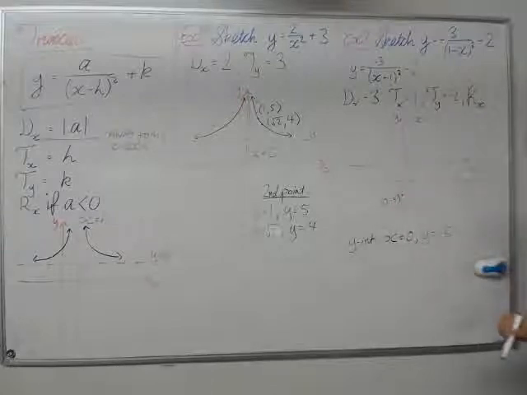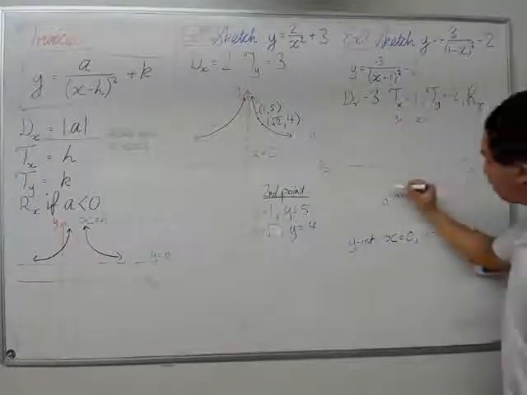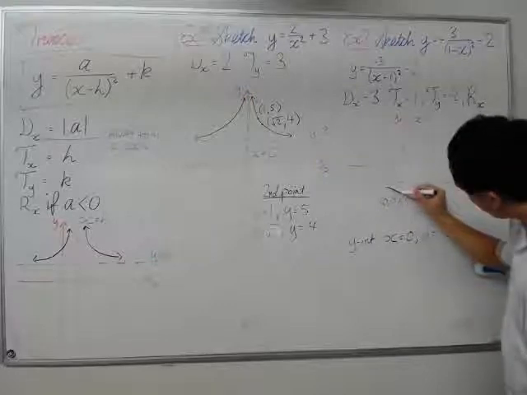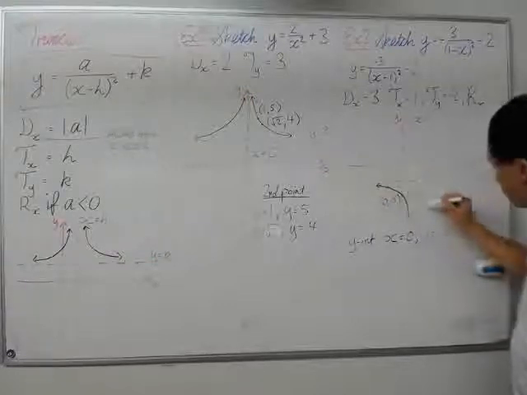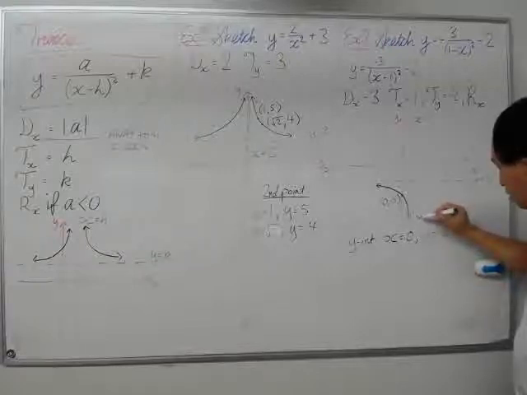So 0, negative 5 is our coordinate. I'm going to be drawing a curve which approaches both asymptotes, both sides.